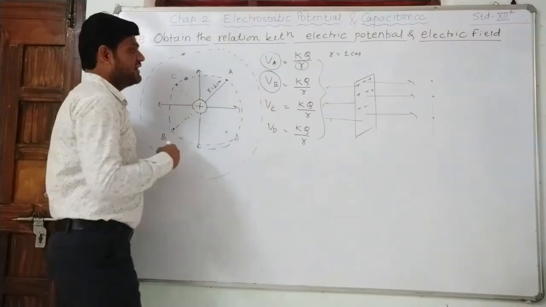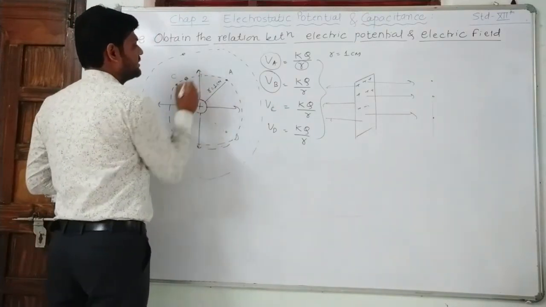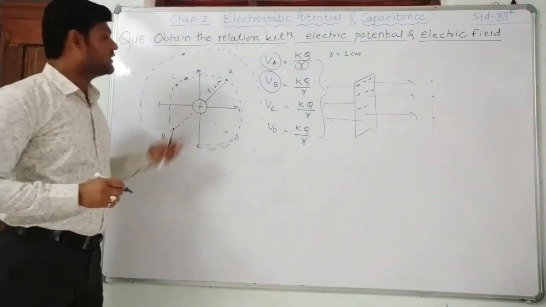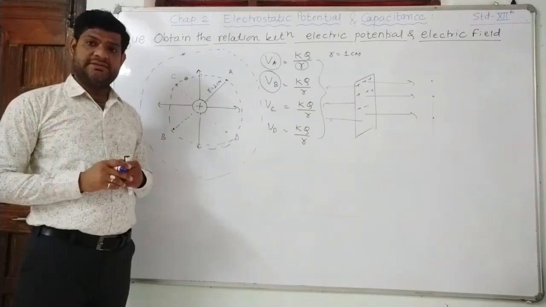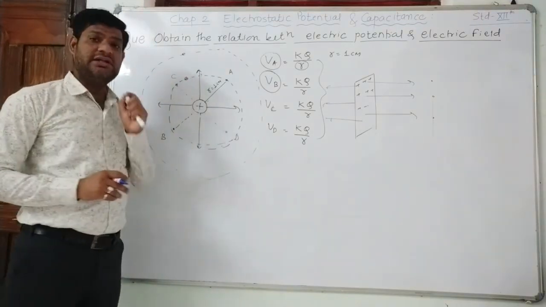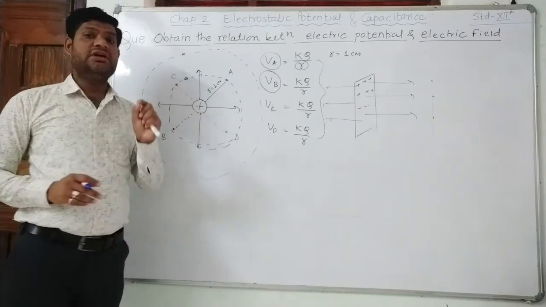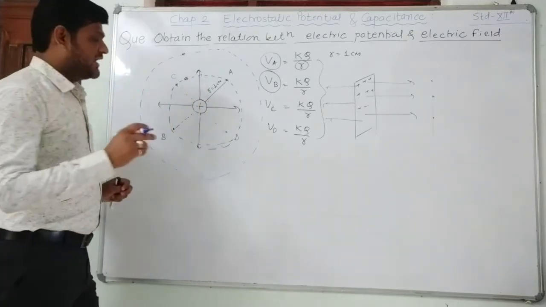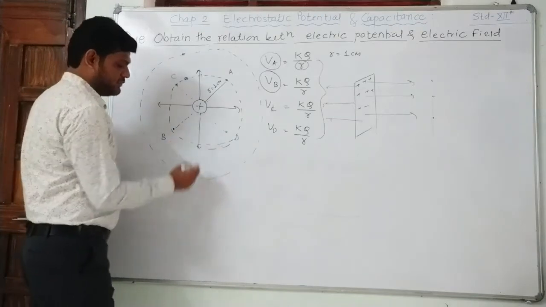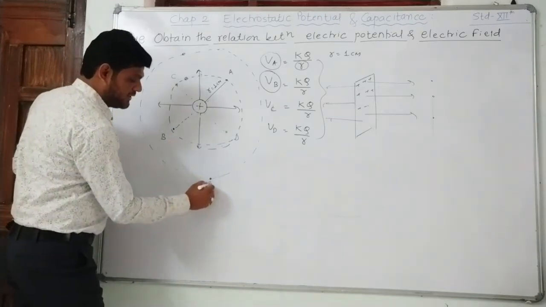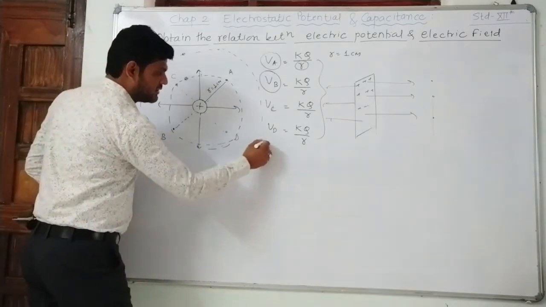The electric field lines always pass perpendicularly to the equipotential surface. The next concept that we are going to see: suppose we have the P point and suppose here we have the Q point.